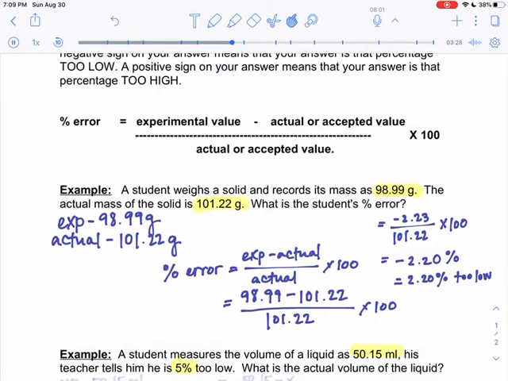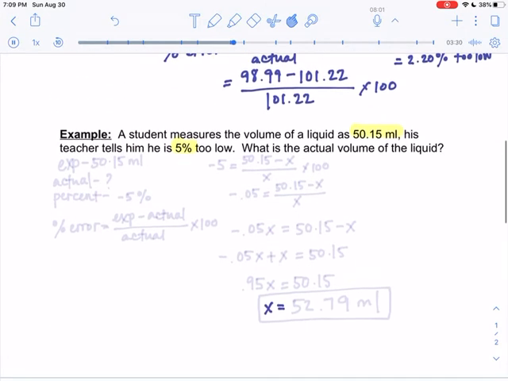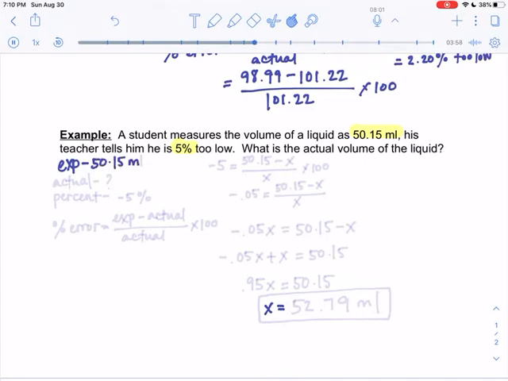In our next example, our question reads, a student measures the volume of a liquid as 50.15 milliliters. His teacher tells him he is 5% too low. What is the actual value of the liquid? This question gives us the experimental, so we're going to write that down. We have the experimental as 50.15 milliliters.